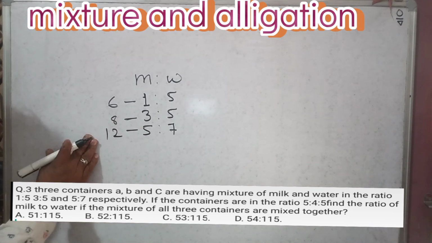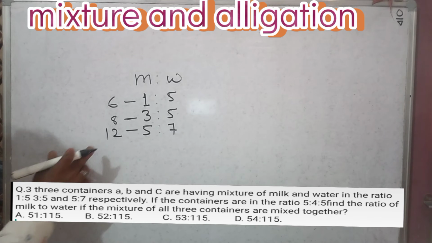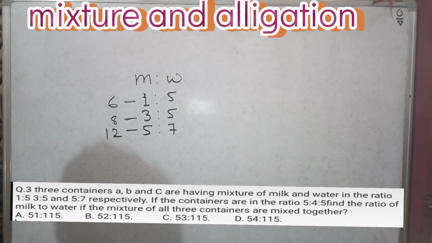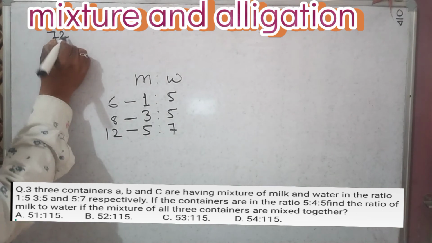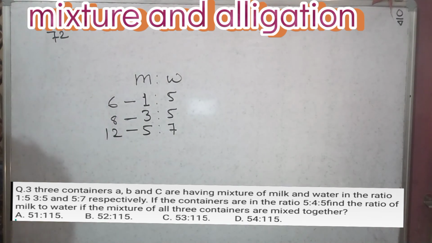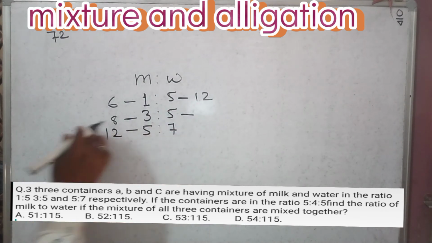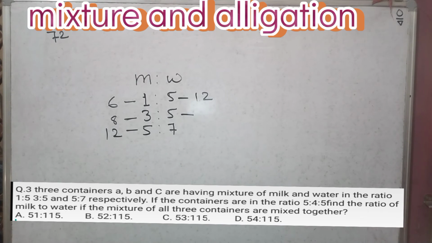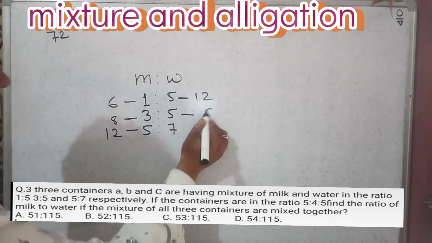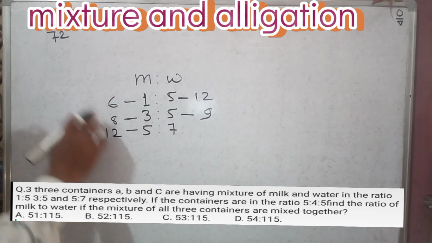These are not the same, so you can take the LCM. The LCM of 12, 8 and 6 will be 72, right? So 6 goes 12 times, 8 goes 9 times and 12 goes 6 times.